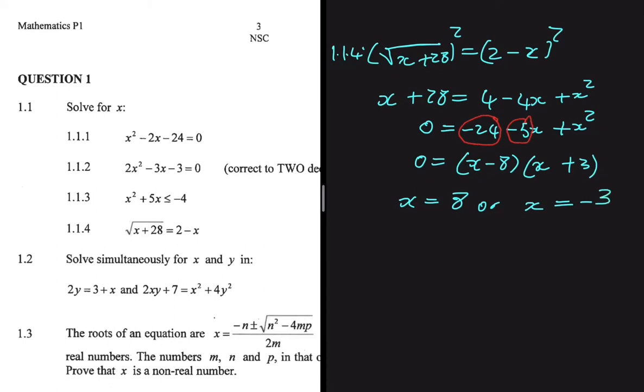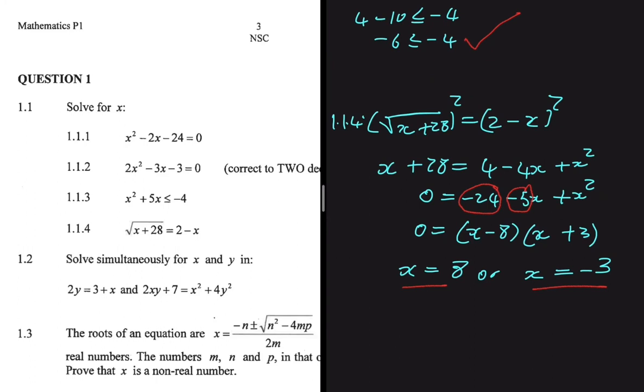But then one of these two answers is not necessarily true, because we squared here and introduced solutions that might not be necessarily true. So it's up to us now to check which answer that is. So we're going to substitute 8 and we're going to substitute minus 3 in the equation and see what happens, right? So let me just substitute 8 real quick.